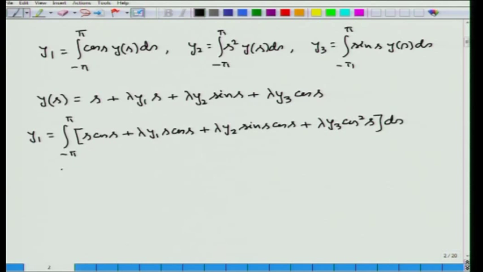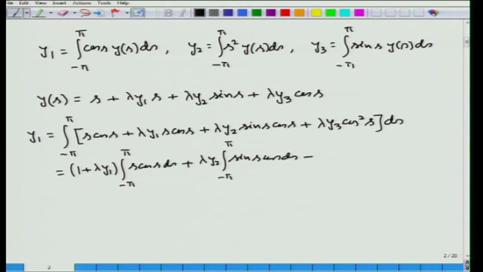And from here we can write this is equal to 1 plus lambda y 1 integral from minus pi to plus pi of s cosine s ds plus lambda y 2 integral from minus pi to plus pi of sin s cosine s ds plus lambda y 3 integral from minus pi to plus pi of cosine square s ds.